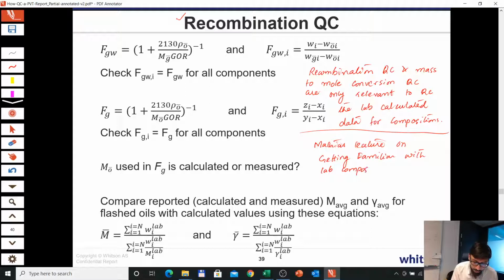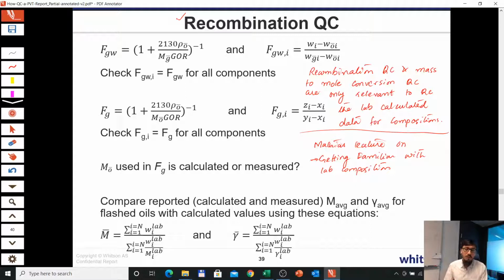So he did a very detailed lecture on getting familiar with the lab reported compositions, and there he mentioned that when the lab reports compositional data, there are some measured values, and then there are a bunch of calculated values.